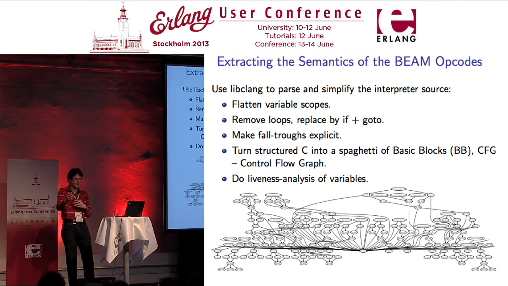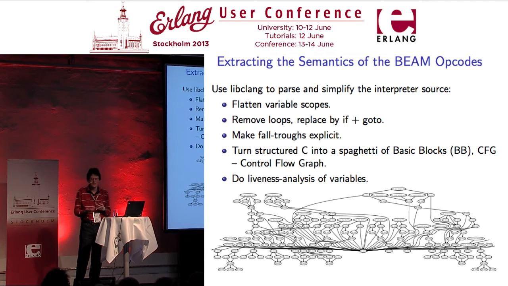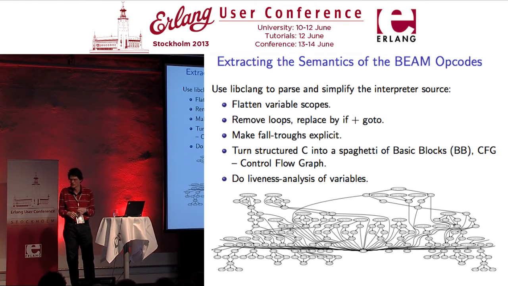We flatten out all variable scopes. We remove loops and replace them with explicit gotos and ifs. We make all fall-throughs explicit. And more or less we turn our nicely, or at least roughly nicely structured C code into a spaghetti of a lot of gotos and single basic blocks.